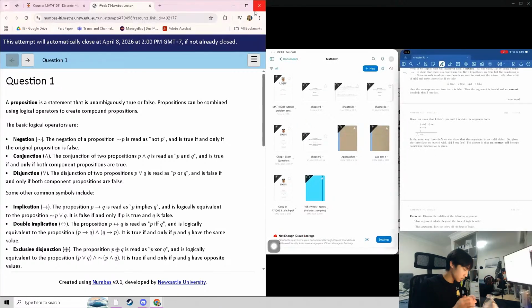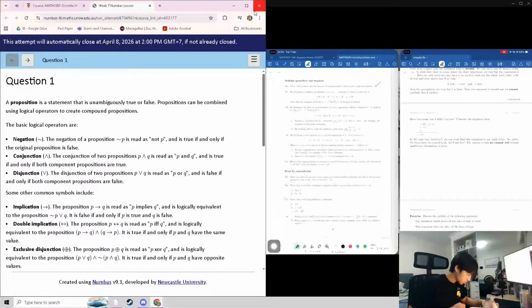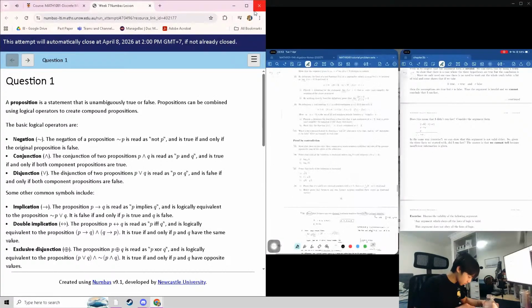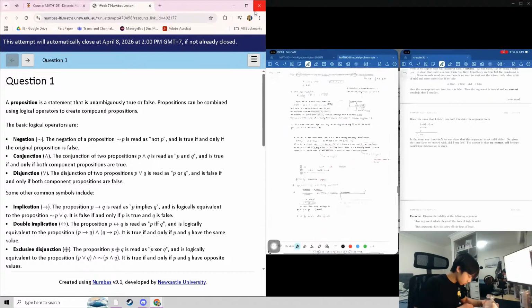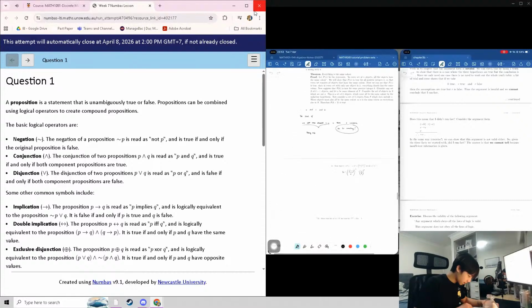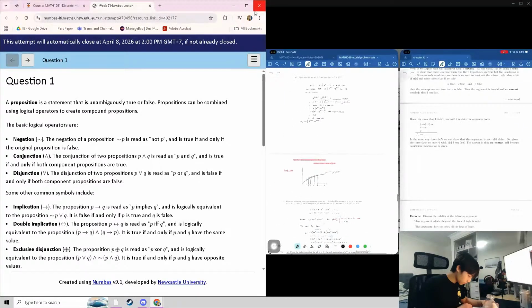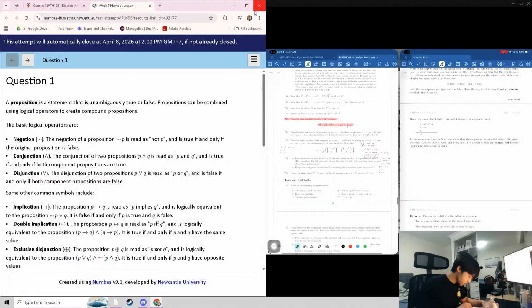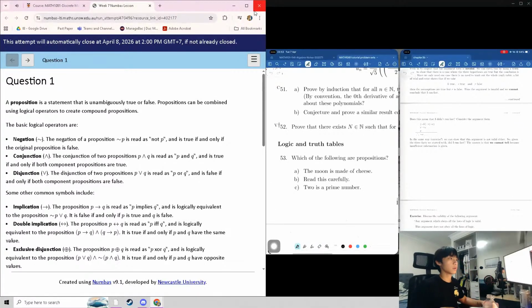Like that, and tutorial sets close to propositions. And so we should get to finish mathematical induction today. And then right now they are doing stuff about logic and truth tables.